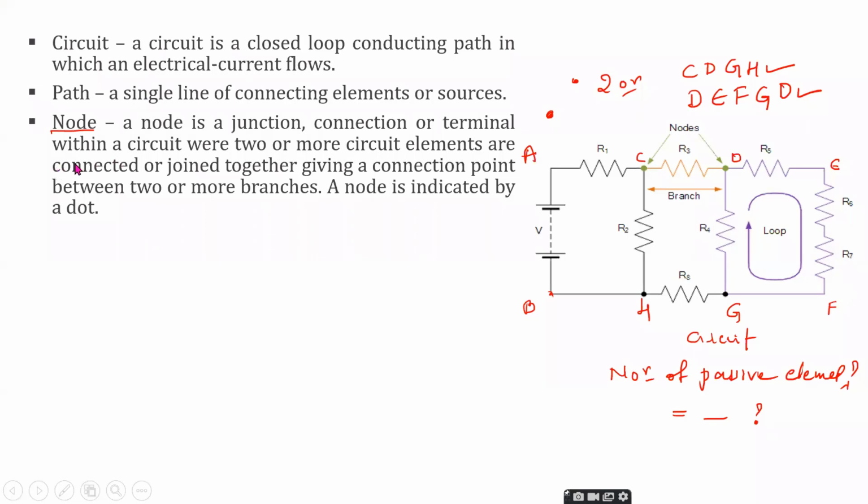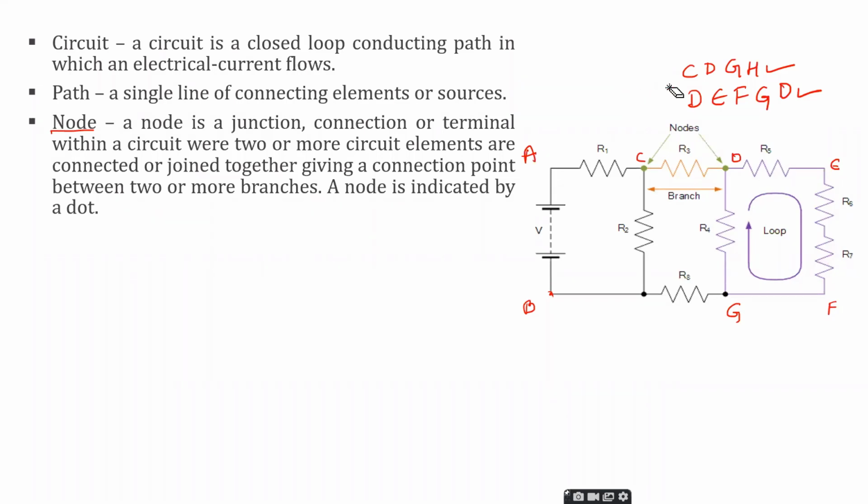Then based on this definition, can you tell me how many nodes are available in this circuit? What is your answer? What is node? It is a point where two or more elements are connected.